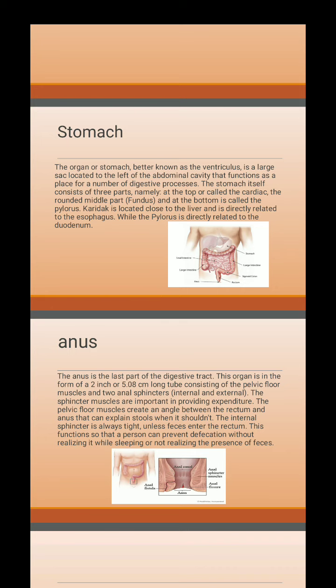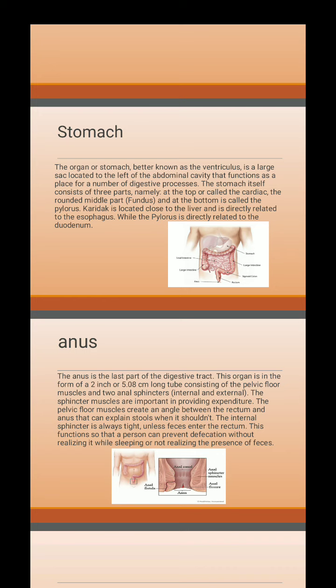Next is stomach. The stomach, better known as the ventriculus, is a large sac located to the left of the abdominal cavity that functions as a place for a number of digestive processes.